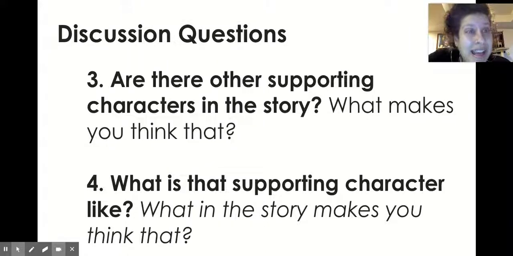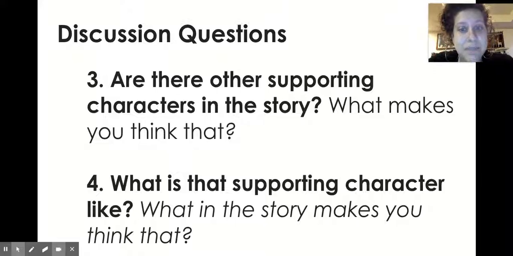And I know that the eye doctor is there as a supporting character because the eye doctor is helping Josh, giving him advice for his new glasses. The story isn't about the eye doctor, but the eye doctor plays a role. She's talking to Josh and she's explaining why it'll be great that Josh gets glasses because lots of other people have glasses.